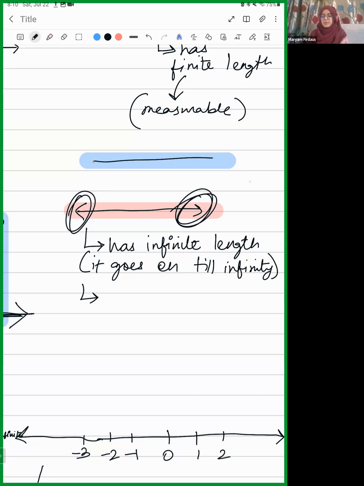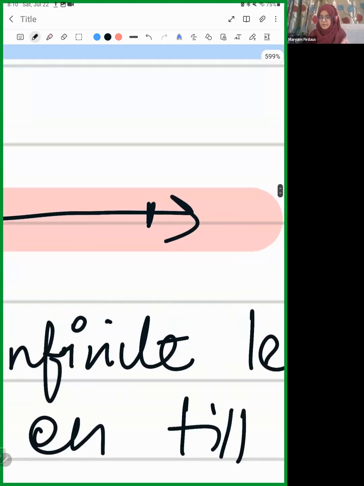You're saying this one is a starting point. Which point are you talking about? There are infinite number of points, right? This point or this point, which point? Let's call this point A, let's call this point B. Which point? From point B. Okay.